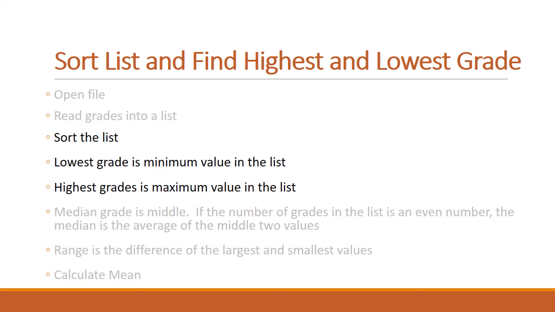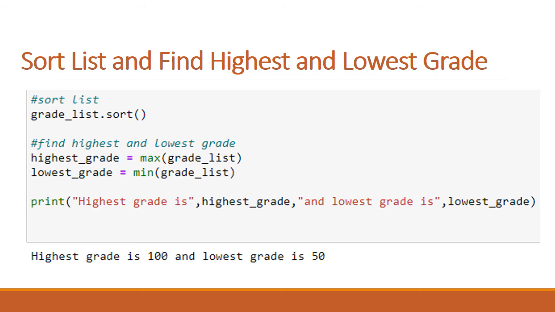Once we've read our grades into our grade list, we're going to sort the list, we're going to find the lowest grade, and we're going to find the highest grade. Grade underscore list represents our list of grades. We can use the list sort method to sort that list. And recall that when we sort, it's going to sort them in ascending order.